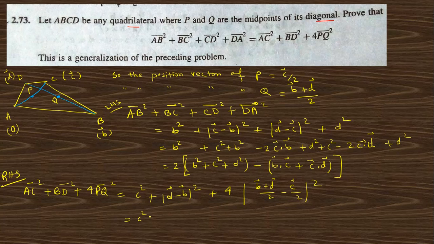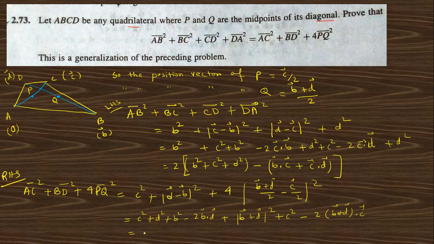So this is c squared plus d squared plus b squared minus 2 b dot d, plus 4, and the 2 squared cancels out, so this becomes the mod of b plus d, squared, plus c squared minus 2 b plus d dot c.